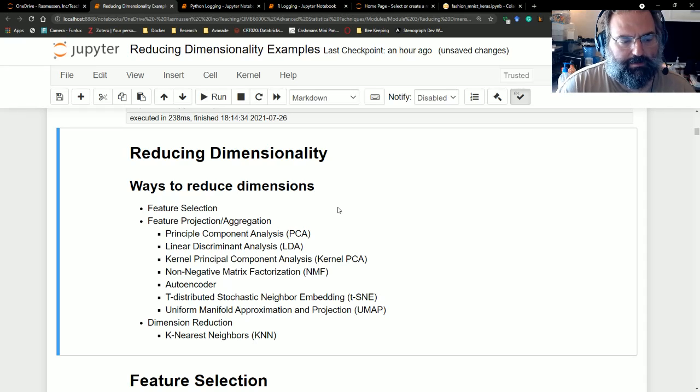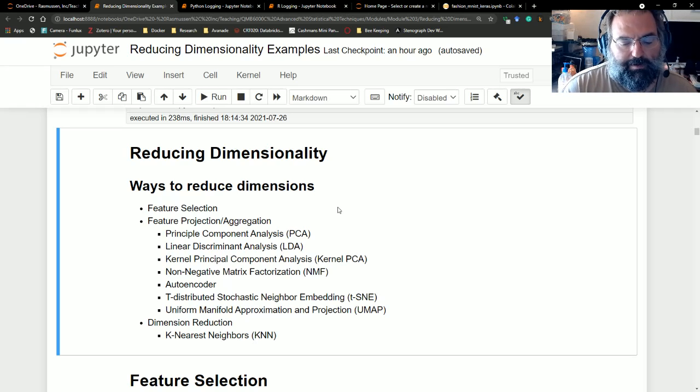And then we'll talk about LDA, kernel PCA, non-negative matrix factorization, which is a mouthful, so we'll just go with NMF. Autoencoders, which come from the realm of neural networks, and have some advantages but some downsides as well. And then t-distributed stochastic neighbor embedding, so t-SNE, and then UMAP, the uniform manifold approximation and projection. So these are kind of cool.